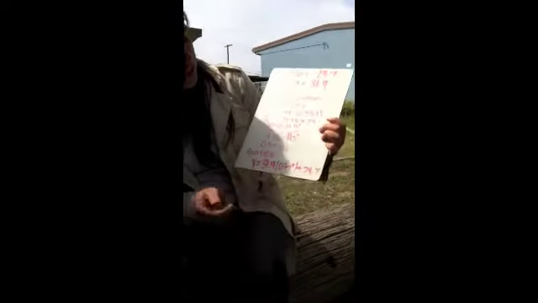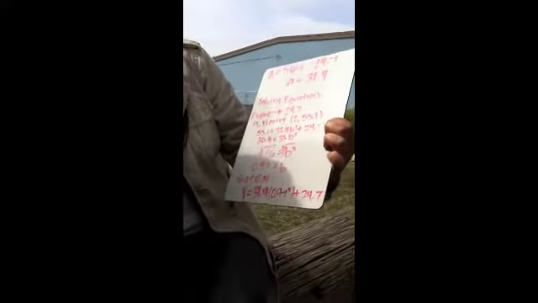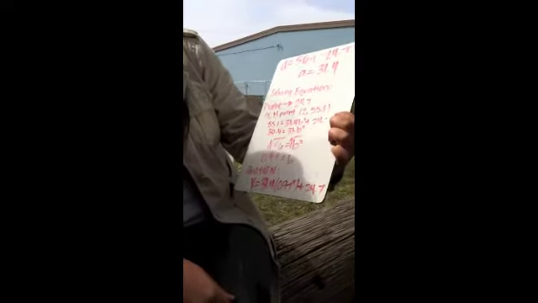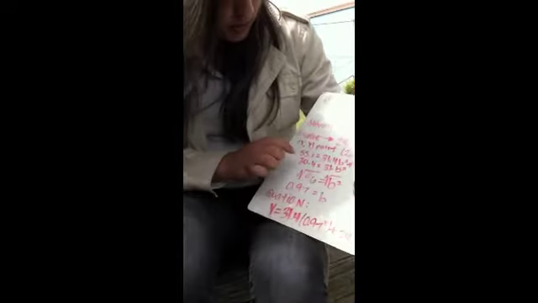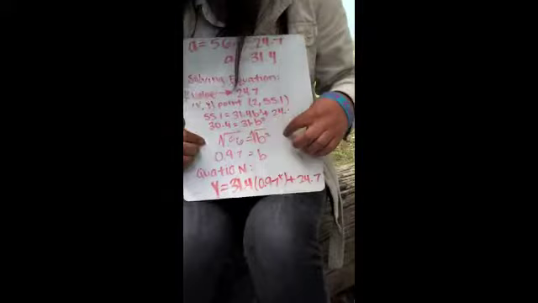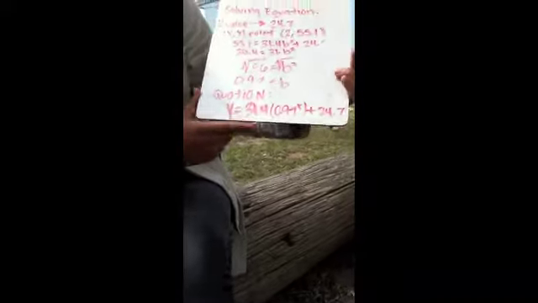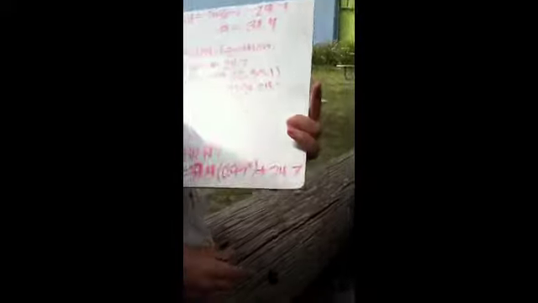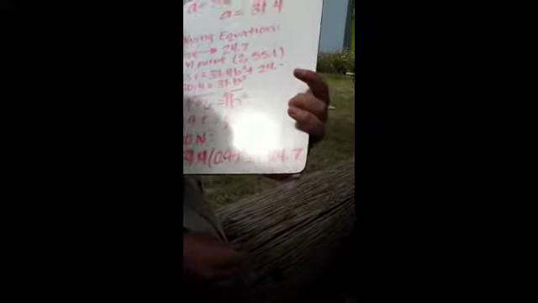The first thing we did was plug everything in except for B, because we were trying to find B. Then we subtracted 24.7 on both sides, which gave us 34.4 equals 31.4 times B. Then we divided 31.4 on both sides, and then we solved 96, and then we took the square root of 96 on both sides, which equaled 0.97 for B. Putting all that together, our equation is y equals 31.4 times 0.97 to the power of x plus 24.7.